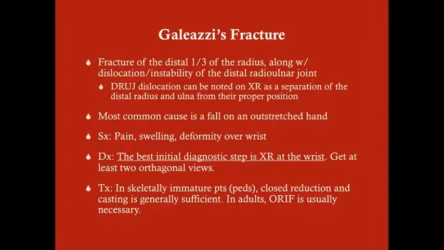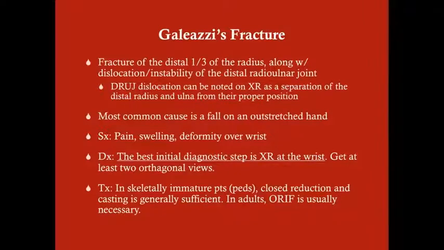All right, a Galeazzi's fracture is basically almost a total opposite of a Monteggia's fracture. Whereas a Monteggia's fracture is a fracture of the proximal 1/3 of the ulna, the Galeazzi's fracture is a fracture of the distal 1/3 of the radius, and it causes dislocation, instability of the distal radio-ulnar joint.